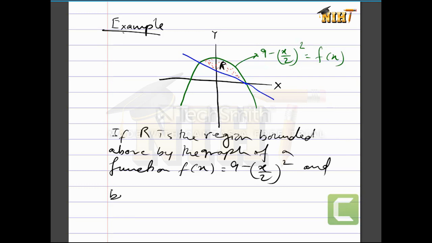And below, by g of x equal to 6 minus x, which is obviously the straight line's equation, our job is to find R.